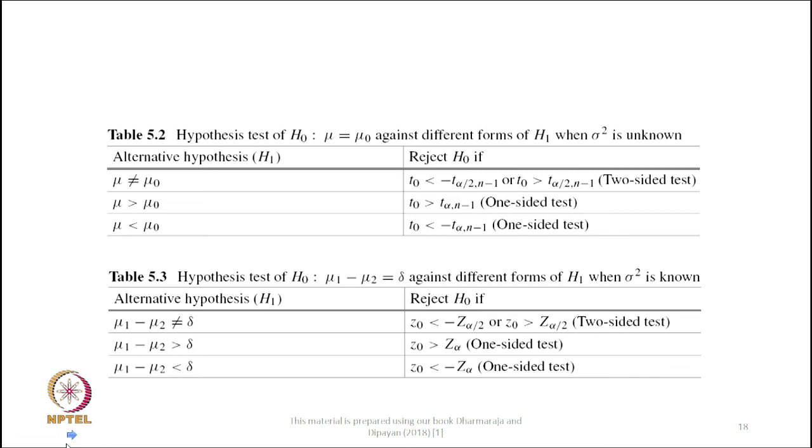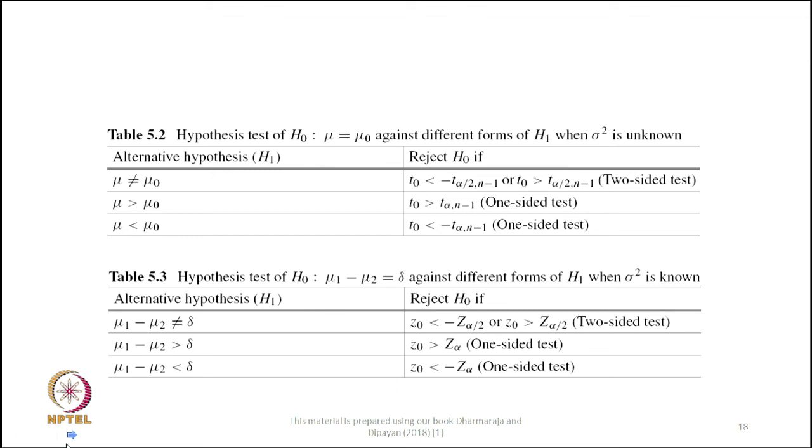There is a theory behind that using the Neyman-Pearson lemma and so on, which I have skipped. Based on the theory, if the null hypothesis has the equal sign, then you will have the two sided test. If the null hypothesis is less than or equal to or greater than or equal to, accordingly the critical region is going to be one sided.